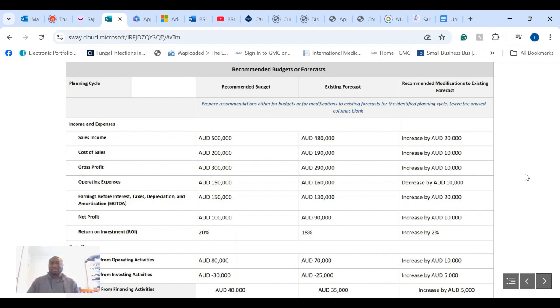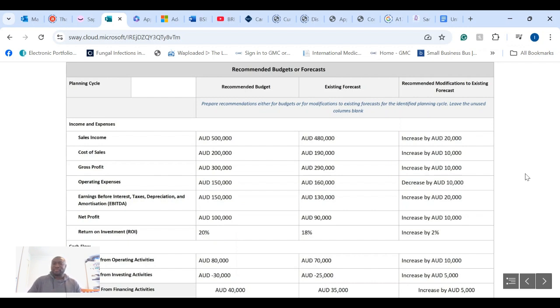The current or existing forecast is around 290, so that will be an increase of around 10,000 AUD. Operating expenses are currently recommended at 150,000. Existing was 160,000, so it was decreased by 10,000 AUD.